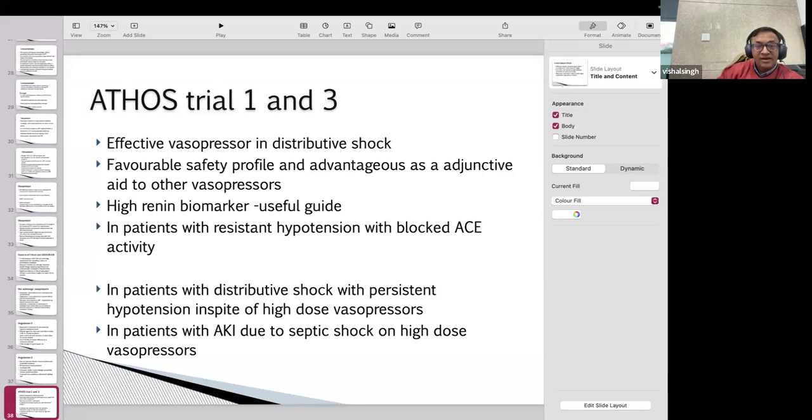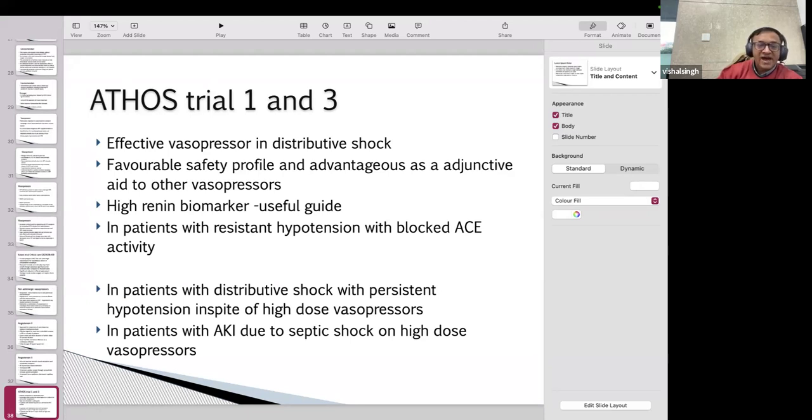These are the trials in adults, obviously, for angiotensin usage, and it was found to be an effective vasopressor in distributive shock. Favorable safety profile and advantages as an adjunctive aid to other vasopressors. Now, if you want to do a study to say which patient will respond to angiotensin, you can do a renin assessment, which is a biomarker.